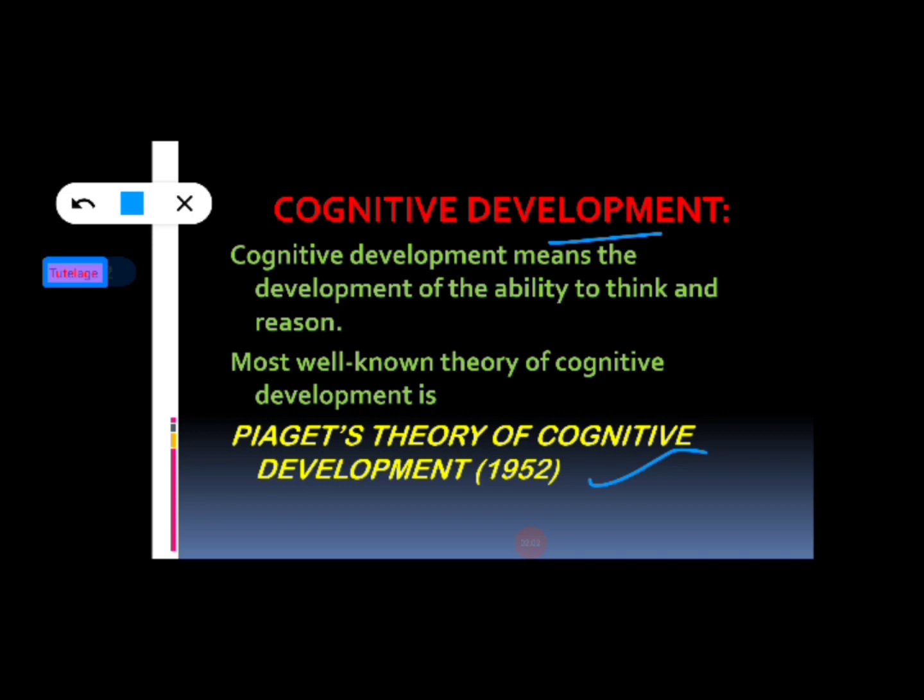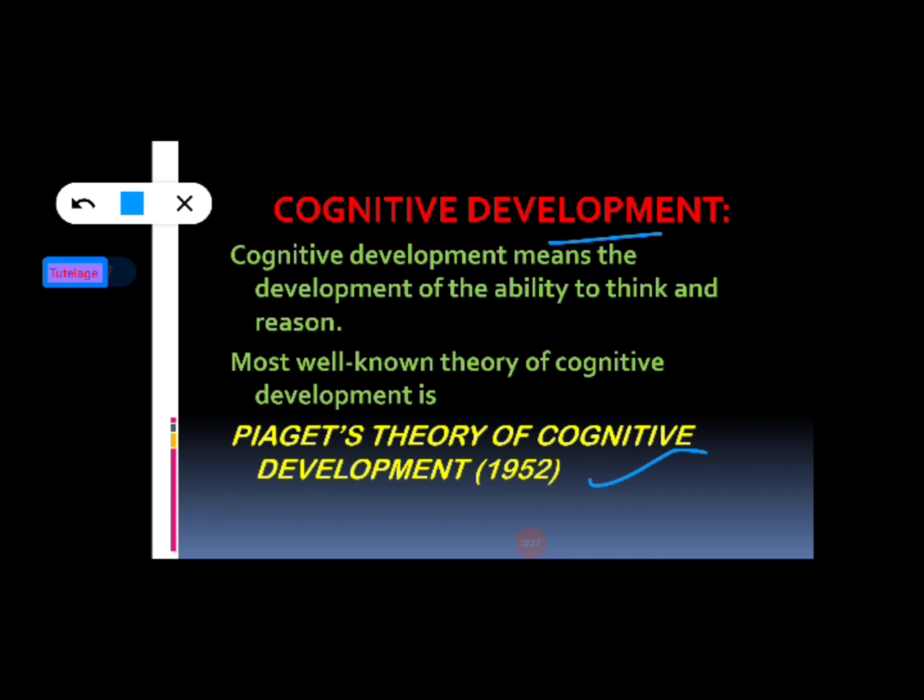The cognitive processes are basically interdependent and occur simultaneously. That's why this is one of the most important principles of development. I think this is clear, because cognitive development is also under development.